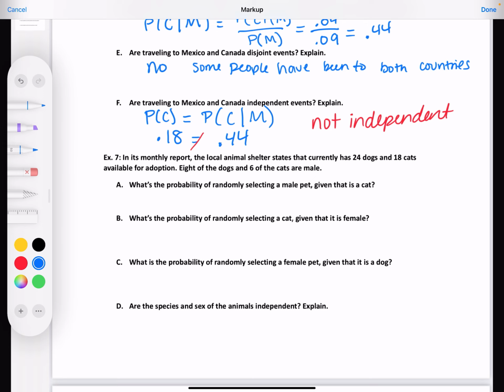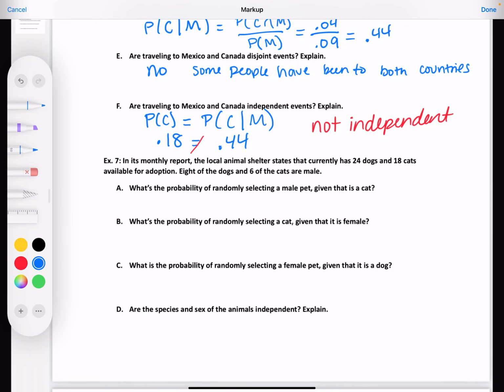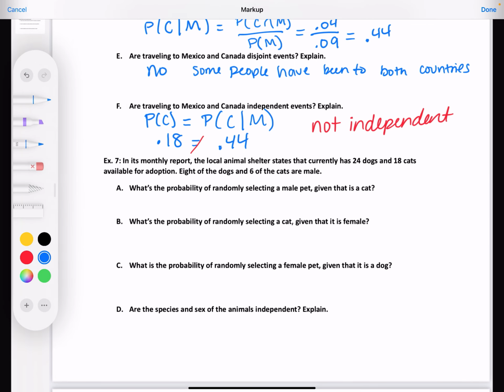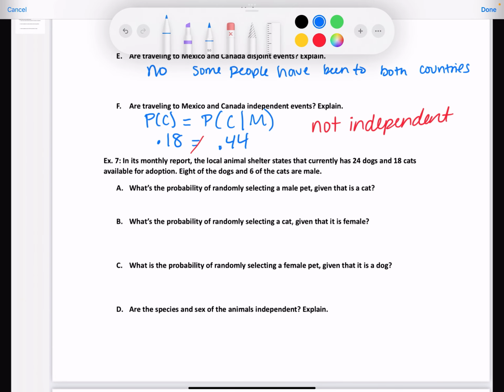So, I would suggest making a table to start with, just because it's kind of confusing how that stuff is laid out. So I would say we have male and female, and then we have dog and cat.